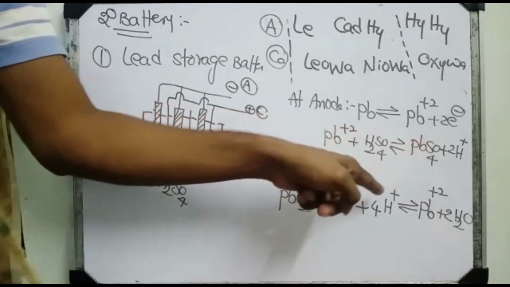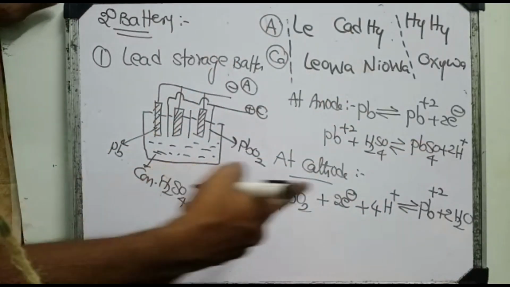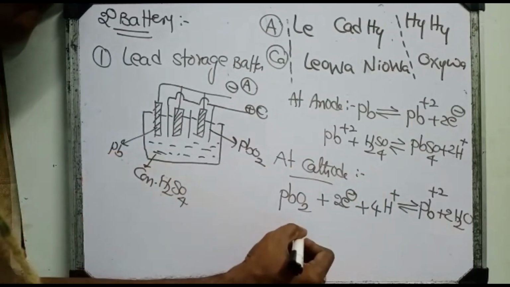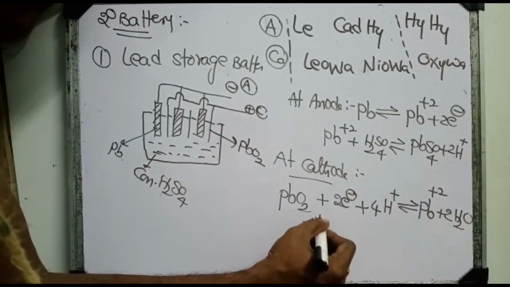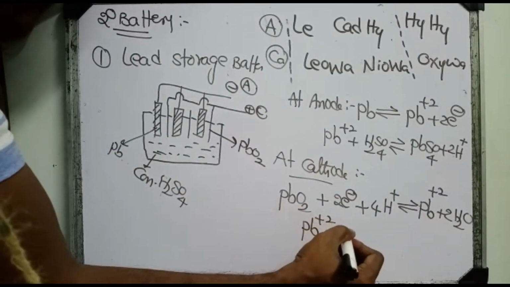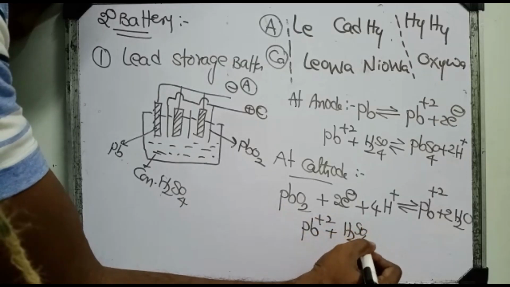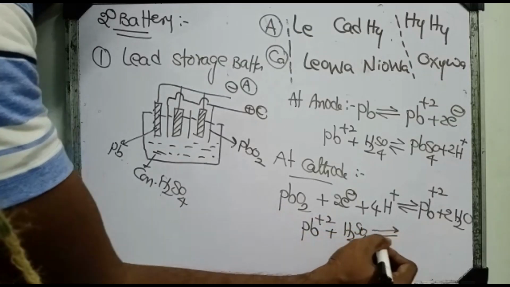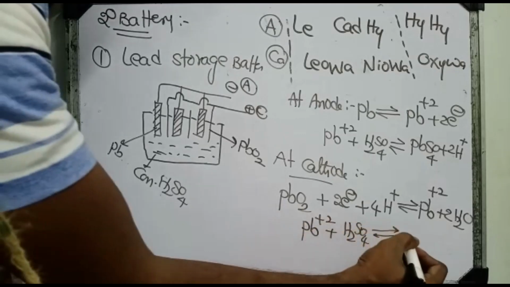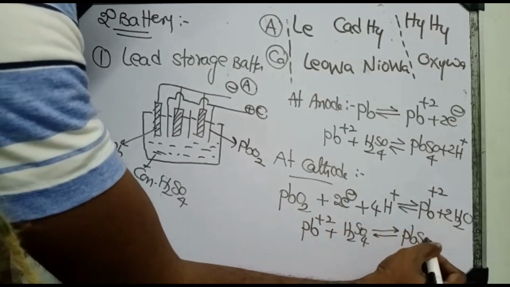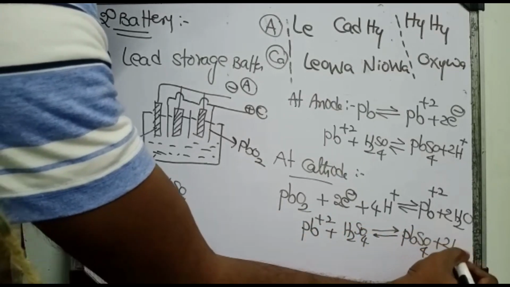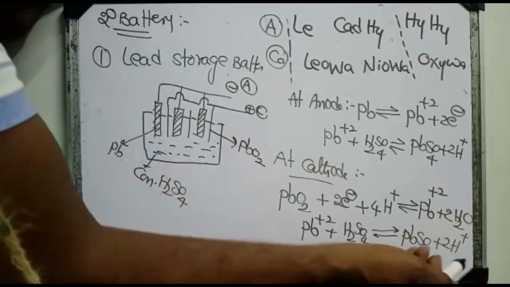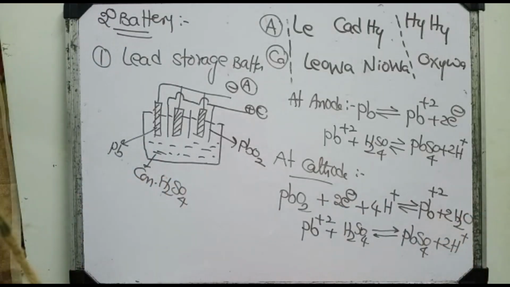Electrons and H+ are absorbed at cathode. Next, Pb2+ is immersed in H2SO4 solution, so Pb2+ reacts with H2SO4 and you get PbSO4 plus 2H+. This is the complete anode and cathode process.